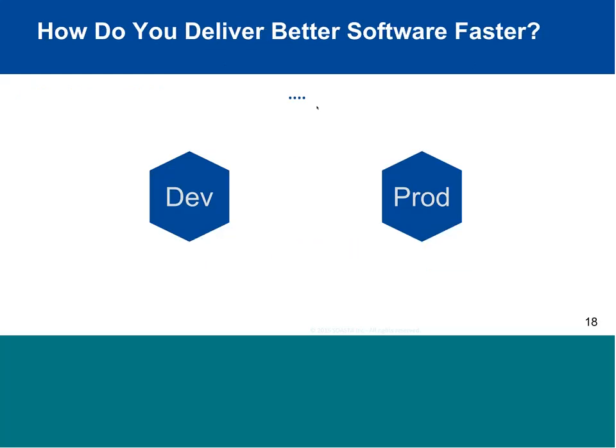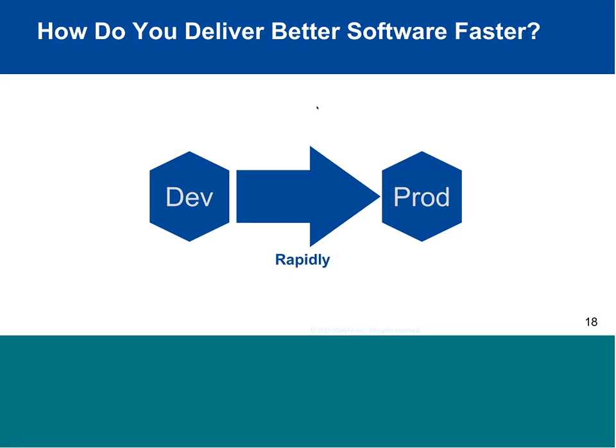So, how do we deliver better software faster? Well, we need to connect the development of software to the delivery and operation of that software in a production environment in a way that we can deliver rapidly, repeatably, and reliably.